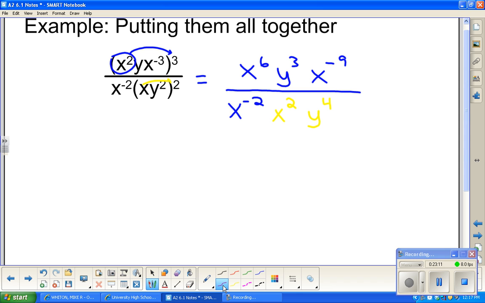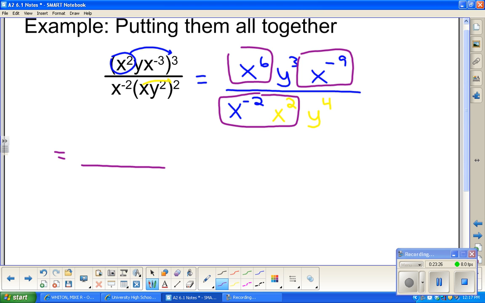In the denominator, can these be combined, and these? We actually have some in the top and the bottom. Remember we had a rule, the very first one. You can add those exponents. So just work on the numerator and the denominator separately and simplify them. So the numerator will be what?